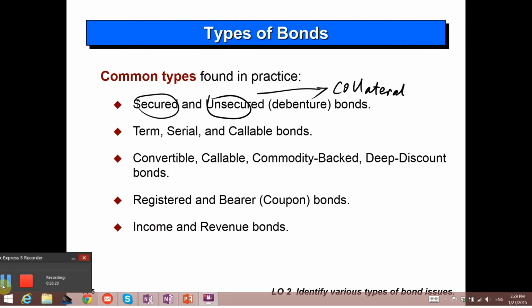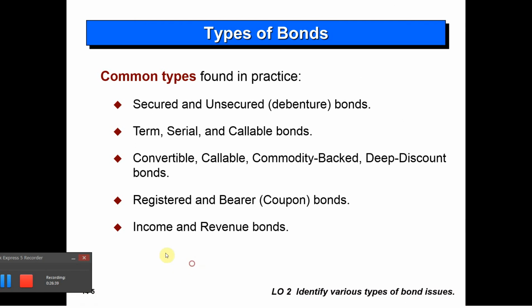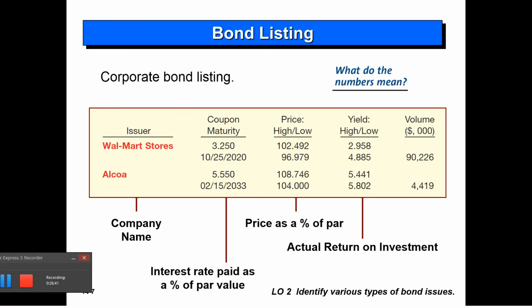Okay, so we have term bonds and serial bonds. What are term bonds? Term bonds are bond issues that mature on a single date.